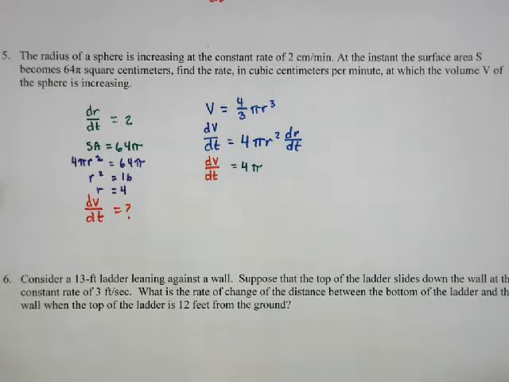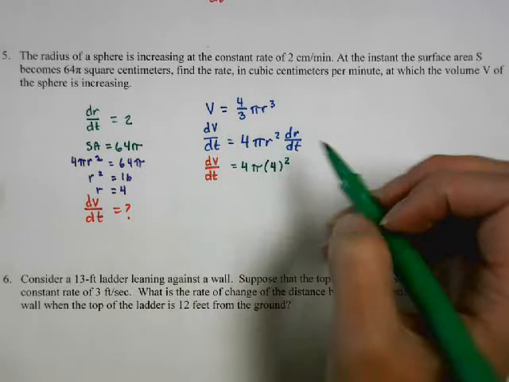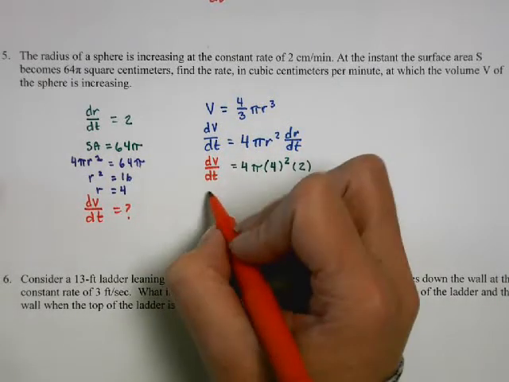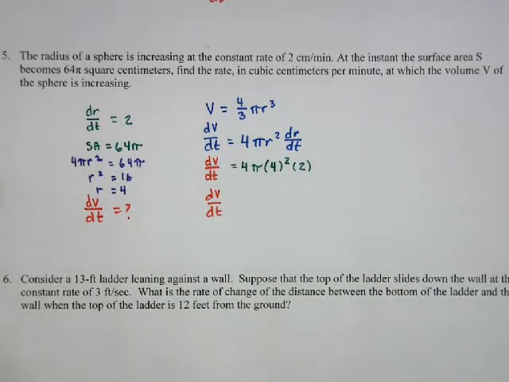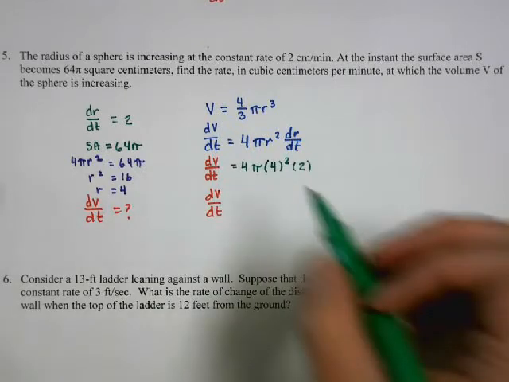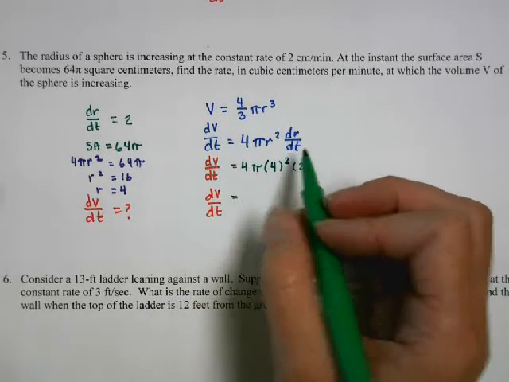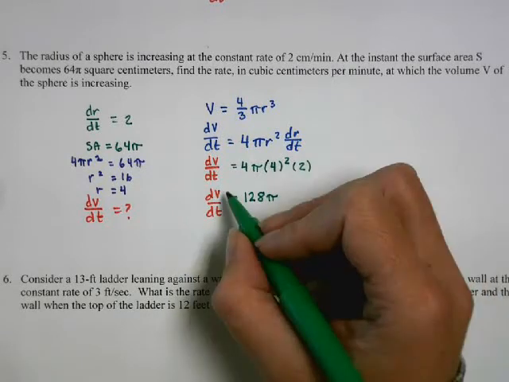And dr dt is 2. Then just simplify this down. So if we multiply 4 times 16 times 2, we get 128 pi. This is volume, so centimeters cubed per minute.